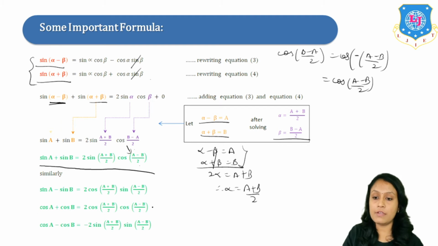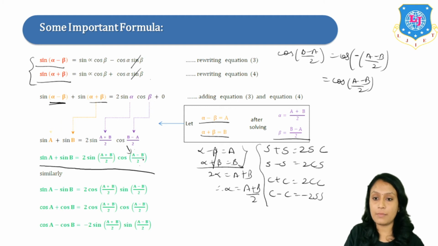Now this formula we will remember in the short form as S plus S means 2SC. We are writing just the first term, then S minus S will give you 2CS, C plus C is 2CC, and at last C minus C is minus 2SS. So we will remember the formula in this format.